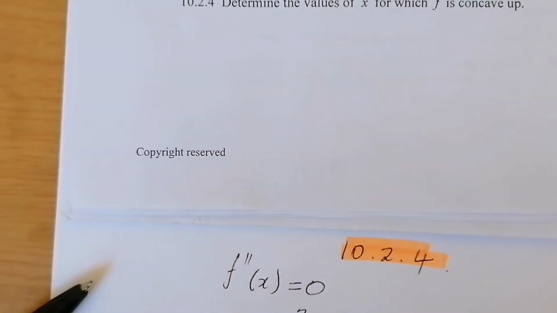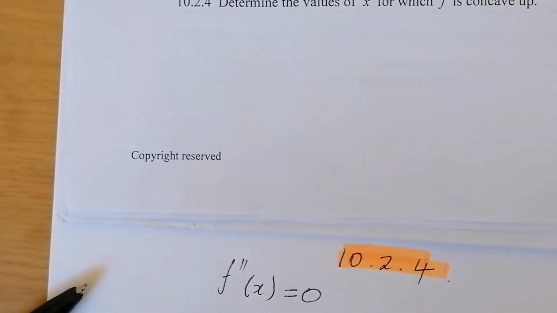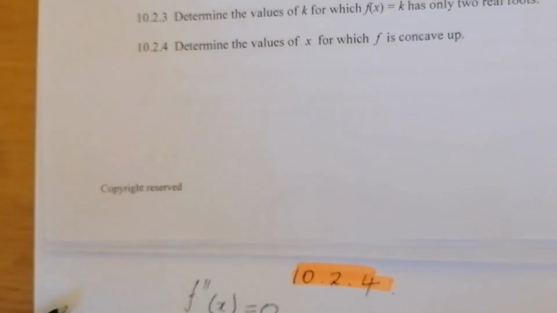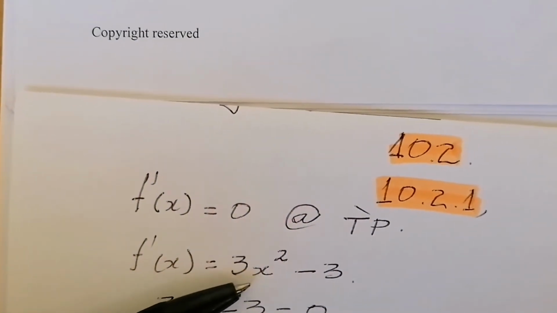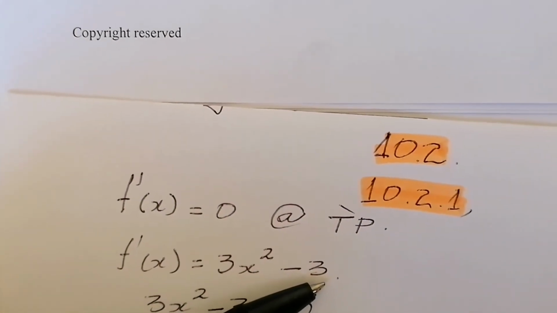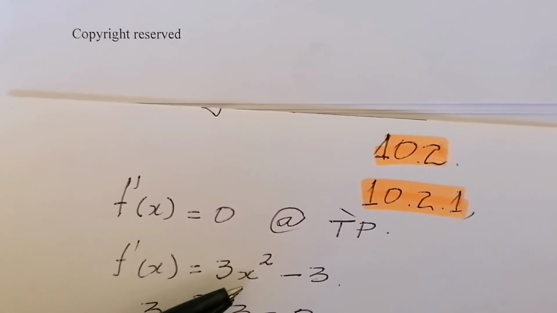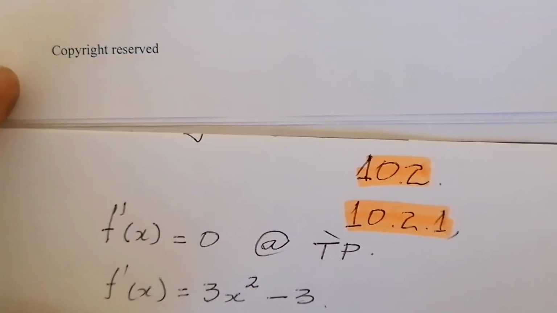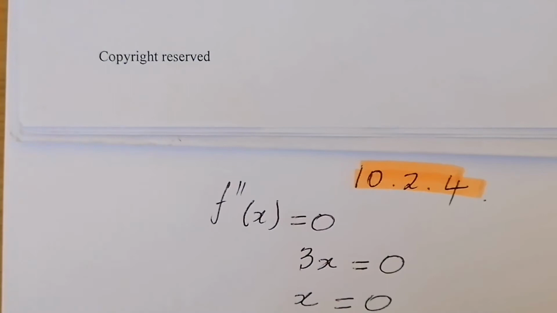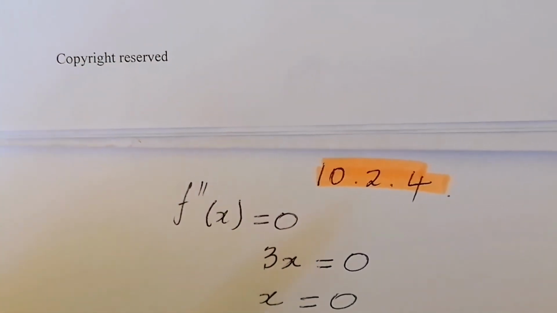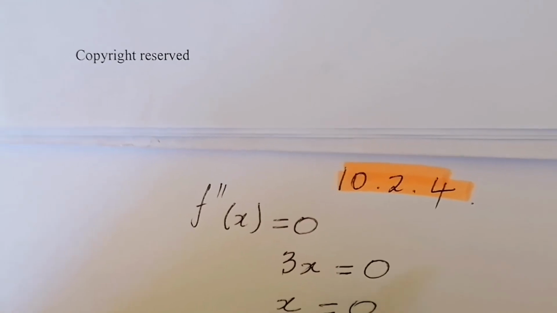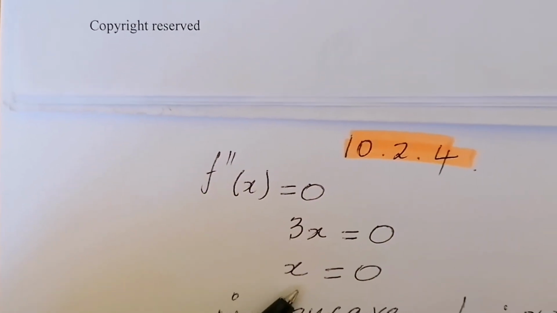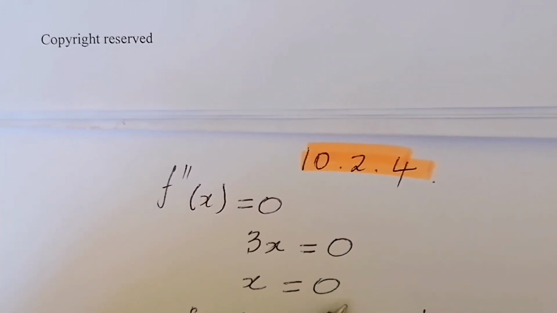Now, you need to differentiate that function again. Your f prime x was 3x squared minus 3. Now we are going to differentiate this for the second time. When we do that, it would be 6x, which is equal to 0. We solve for x. X is equal to 0.